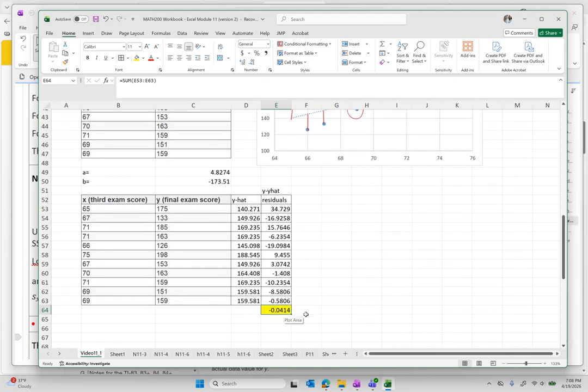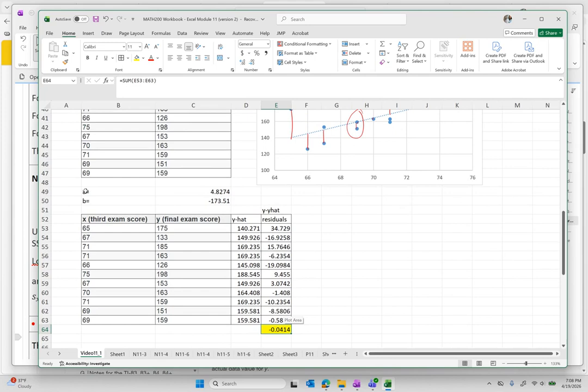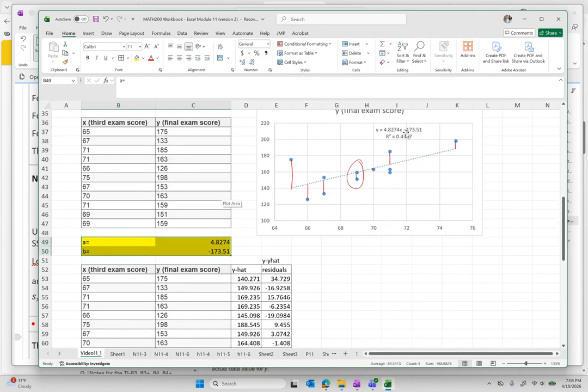It's very close, but it's not exactly that. And the reason it is not exactly 0 is because these a and b values that I wrote here and copied from the equation that Excel gave me are actually approximations of a and b. Excel had to round to a certain number of significant digits. So I don't have the exact values.